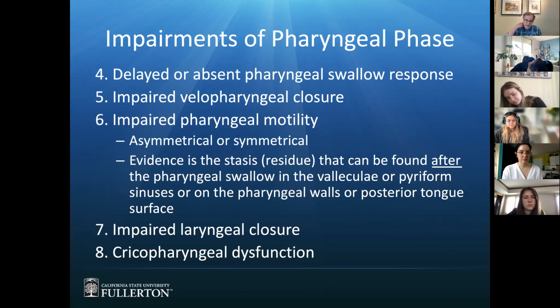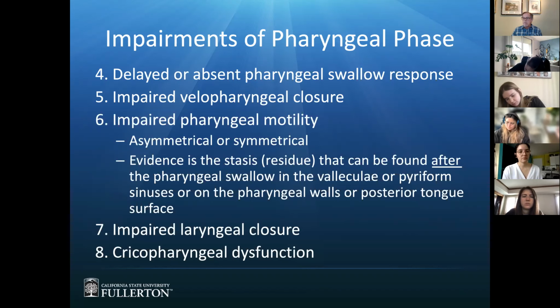That motility is created by the tongue and the pharyngeal constrictors, and they constrict in a certain sequence from top to bottom to push it down. It has nothing to do with gravity. You can swallow while standing on your head because your muscles are pushing it, just like the tube of toothpaste. And impaired pharyngeal motility can be asymmetrical or symmetrical.